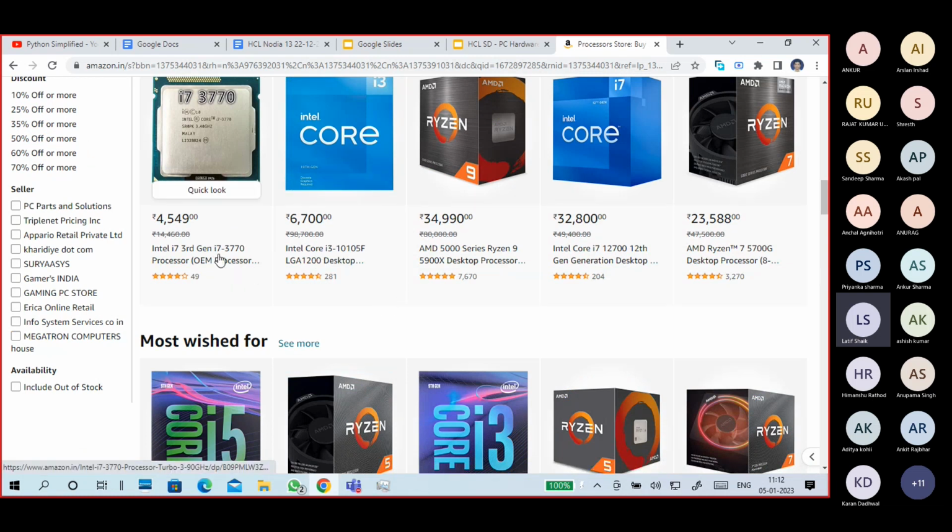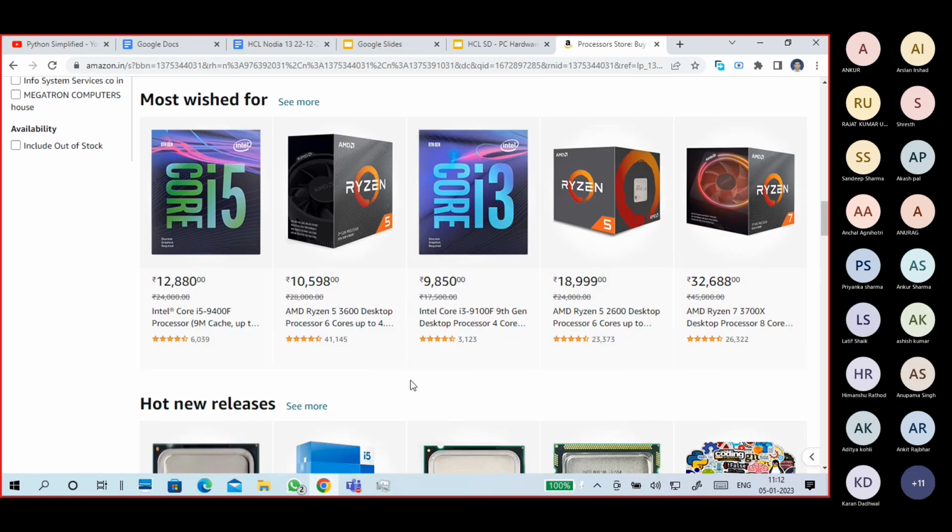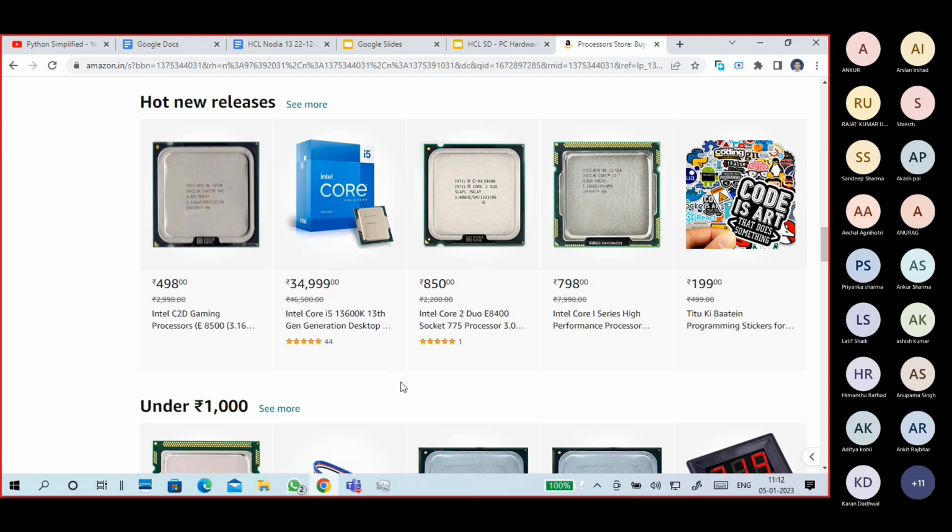I'm just selecting this. This is i7, 12th generation. This one is third generation, an older one. And the 13th generation i5.